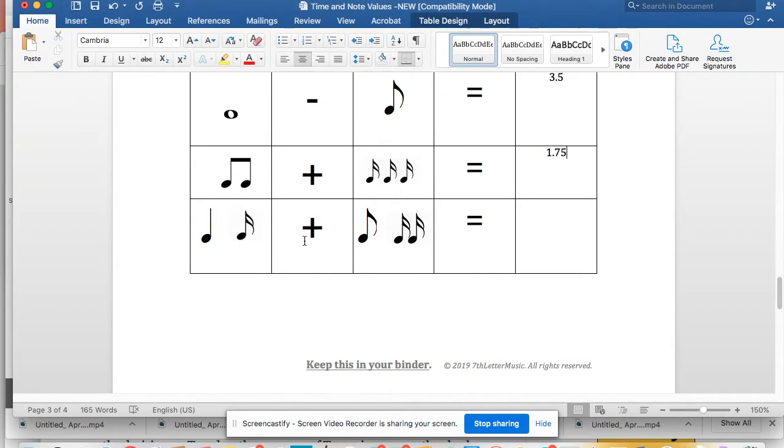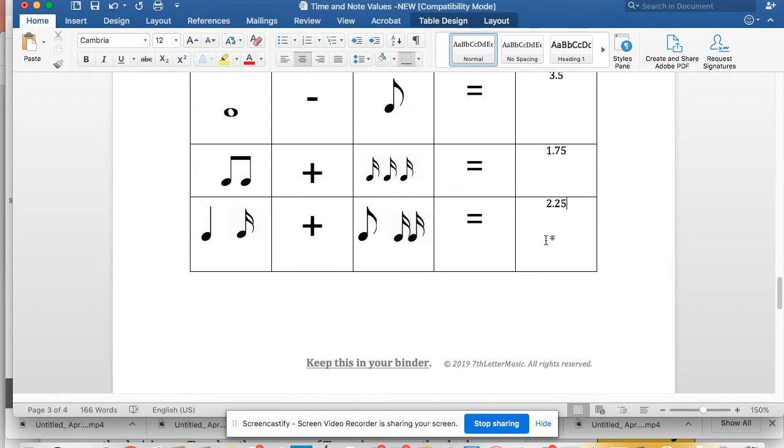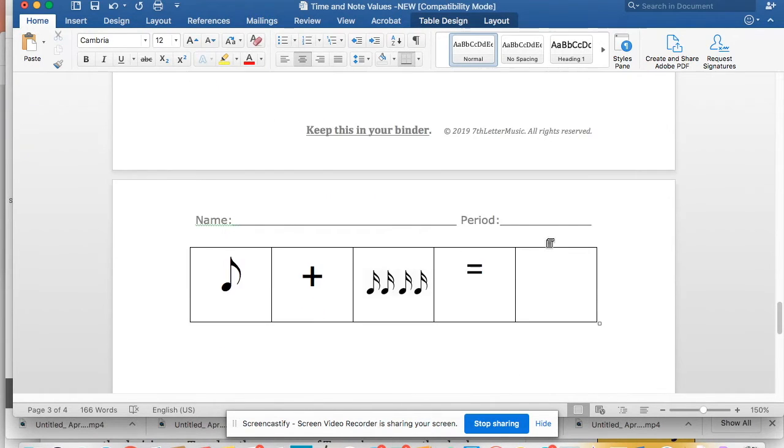Then 1.25 plus 0.5, 0.25, 0.25. 0.5 plus 0.25, 0.25, that's 1. So 1 plus 1.25, that's 2.25.